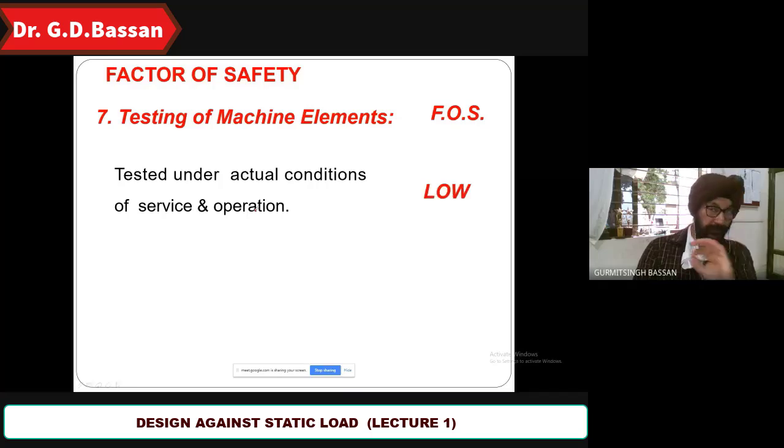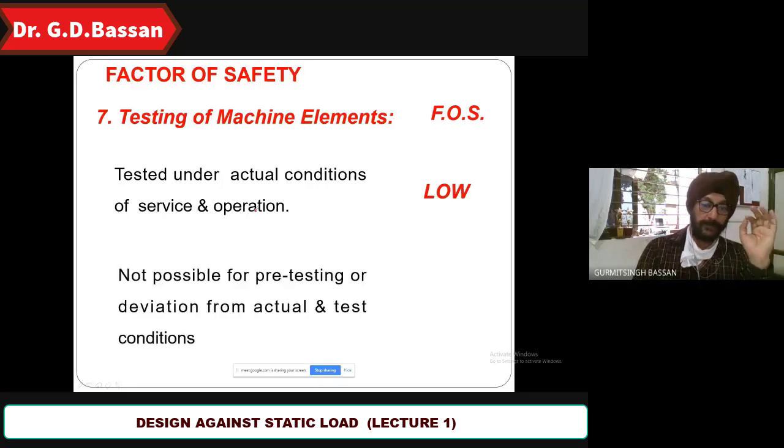If testing is not possible, and there is a deviation from actual to the other test conditions, in this condition we have to take the factor of safety as high.